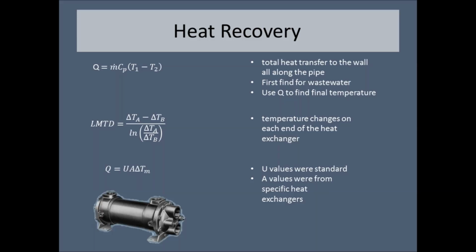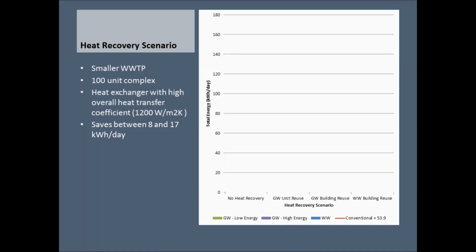So applying the log mean temperature difference, the surface area of the heat exchanger, and the U, which is the heat transfer coefficient. I assumed a shell and tube heat exchanger, and we just used standard values from that to do my calculations.